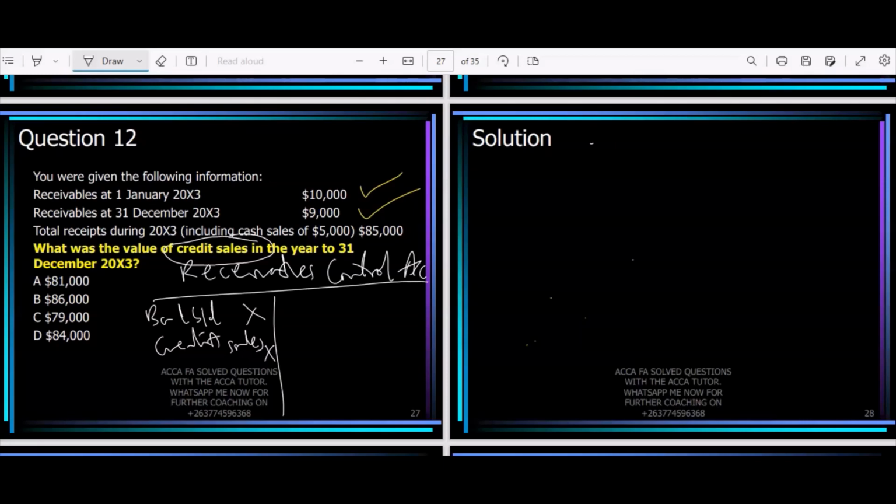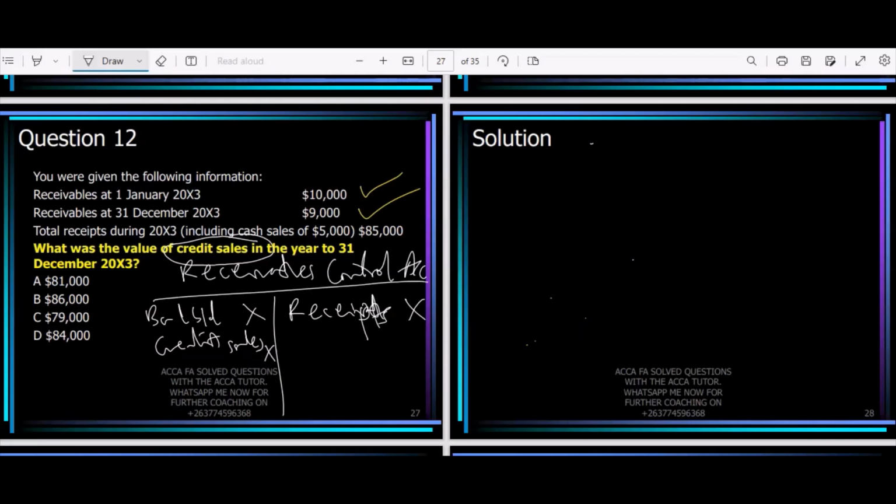Then on the credit side, we expect those items which reduce the receivables figure. So any payments or receipts from customers are going to reduce the receivables. So receipts from customers, or any refunds or goods returned, those ones are going to reduce our receivables balance.